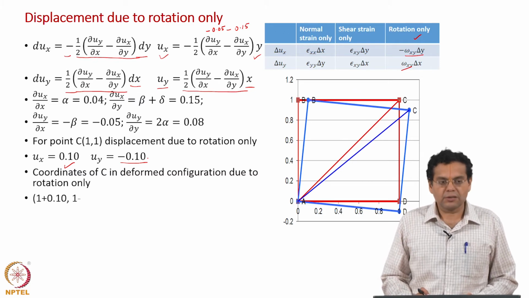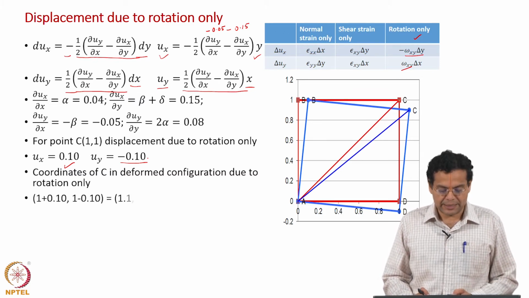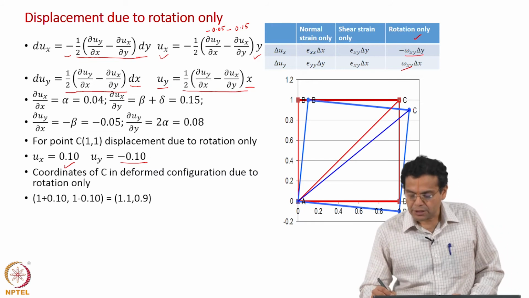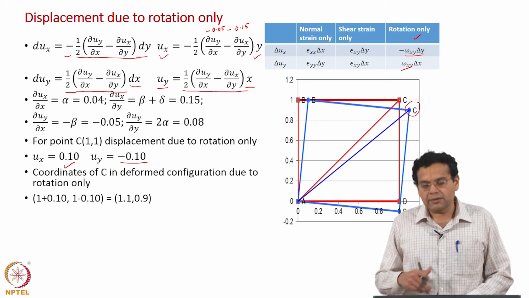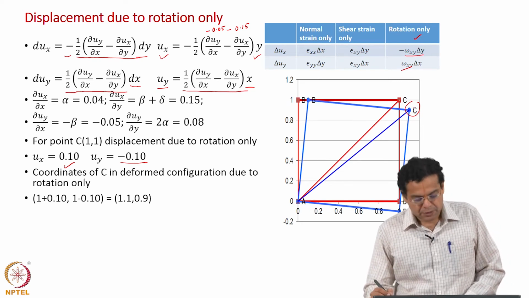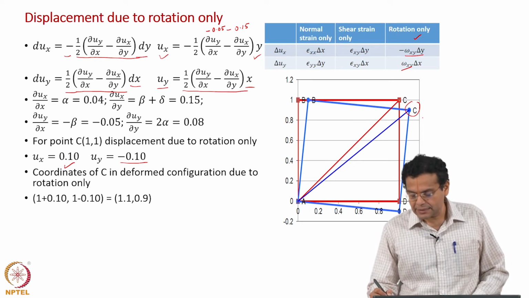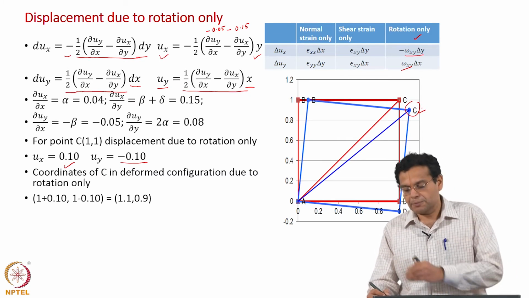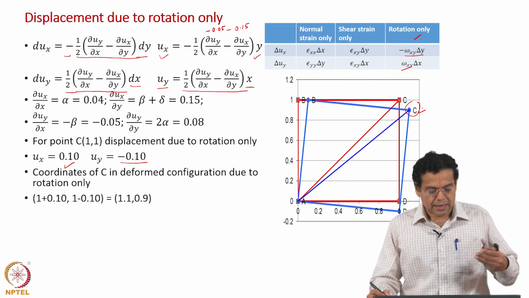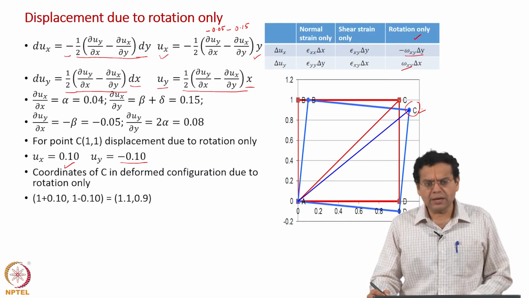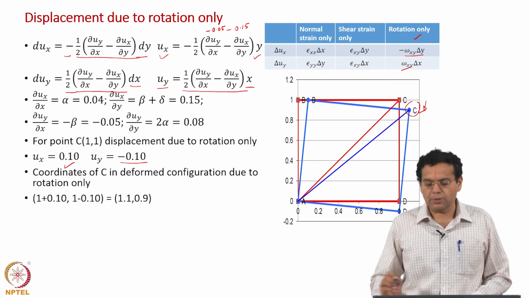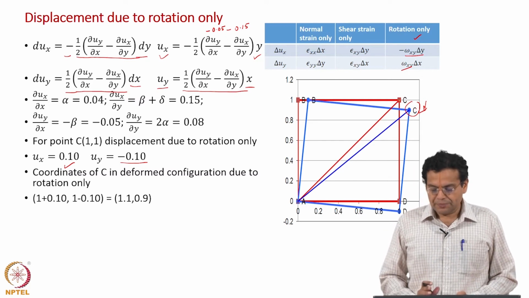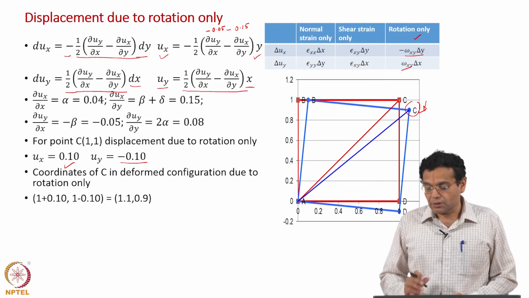So, add to the original coordinates, you get 1.1 and 0.9, and that is what is shown here. Just the element has rotated, you can calculate for other points as well. The x coordinate is away from 1, that is 1.1, which means it has displaced to the right, and the y coordinate is 0.9, it has been displaced down, and that is why it is below 1. And so, only rotation has been considered.